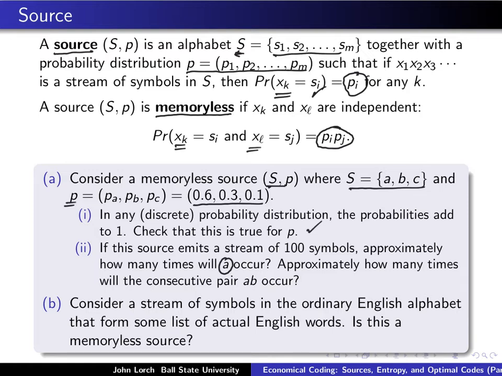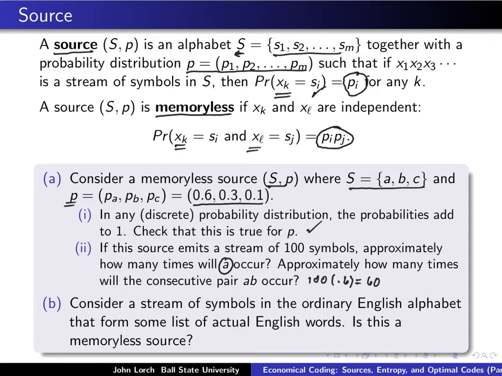There are 100 locations in this stream of symbols, so the number of times that A would occur would be 100 times 0.6, which would be 60. That's how many times we could expect the letter A to occur in a stream of 100 symbols.